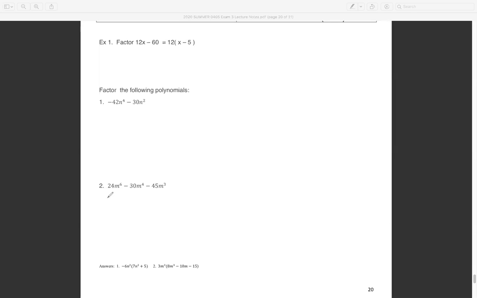So 24, that's just 8 times 3, so you can do 2 times 2 times 2 times 3. And then 30, that's just 6 times 5, or 2 times 3 times 5. And then 45 is just 9 times 5, just 3 times 3 times 5. Now, if you need to do your factor trees to get your primes, that's fine.